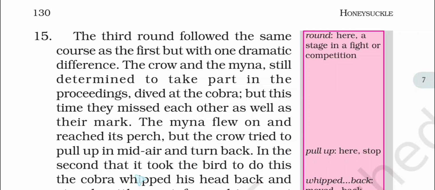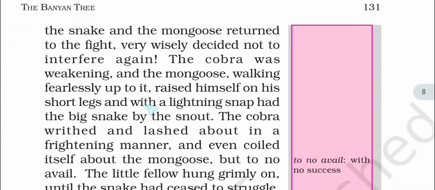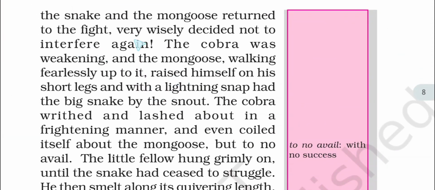In the second that it took that bird to do this, the cobra whipped his head back and struck with great force, his snout thundering against the crow's body. I saw the bird flung nearly 20 feet across the garden. It fluttered about for a while, then lay still. The myna remained on the cactus plant, and when the snake and the mongoose returned to the fight, very wisely decided not to interfere again.